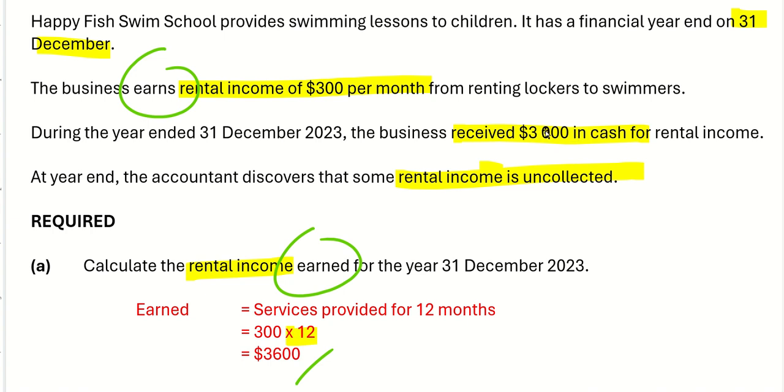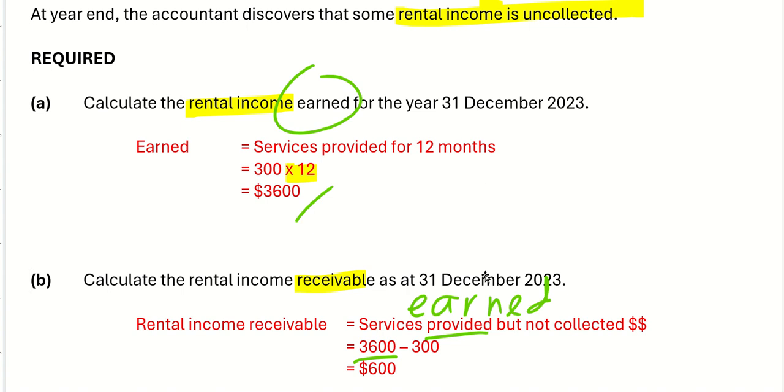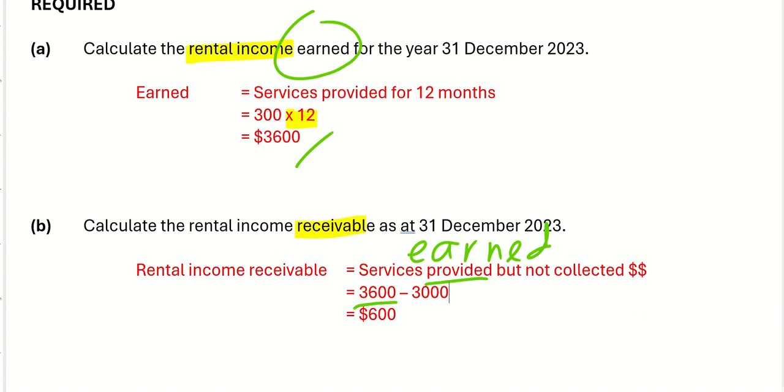I received $3,000 in cash, so I must minus away 3,000. And therefore, my income receivable, the money that I have not collected yet, is $600.